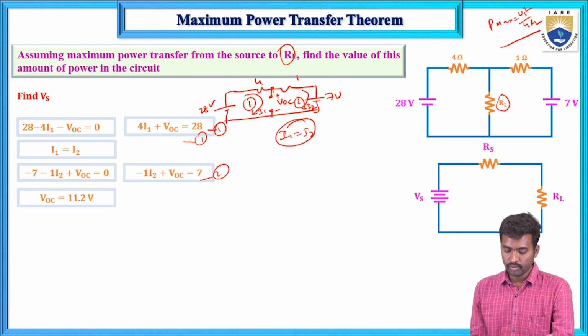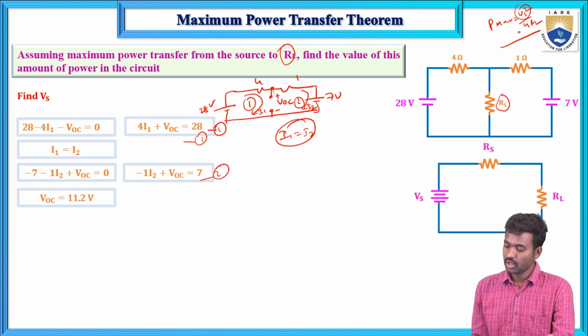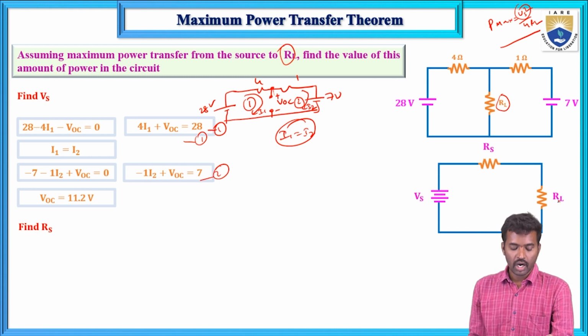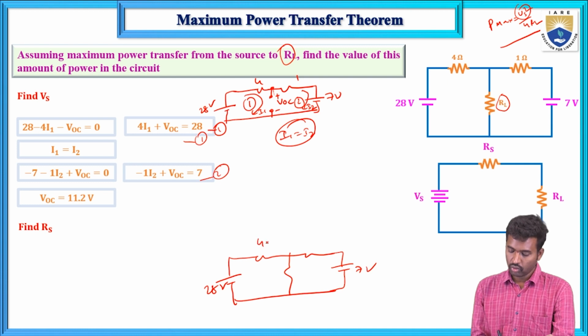Here we got VS, and to determine RS, same as before, remove the load resistance from the given circuit. I am drawing the circuit here. This is the given circuit: 28 volts and 7 volts, 4 ohms, 1 ohm, and this is the RL.